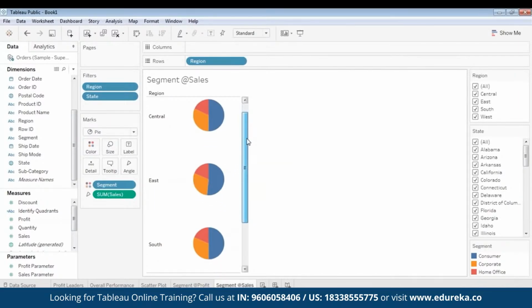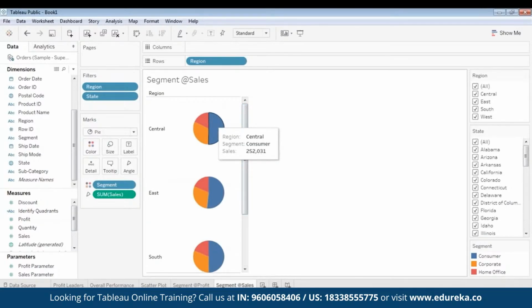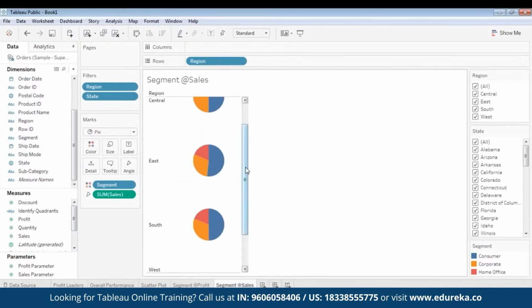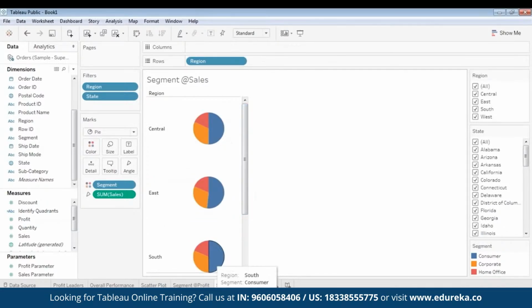If you see the central region in terms of sales, consumer has given more sales. Also in south, consumer is giving more sales. And here in terms of profit, central had more profit in corporate, not in consumer. But if you check sales, the sales are more here.